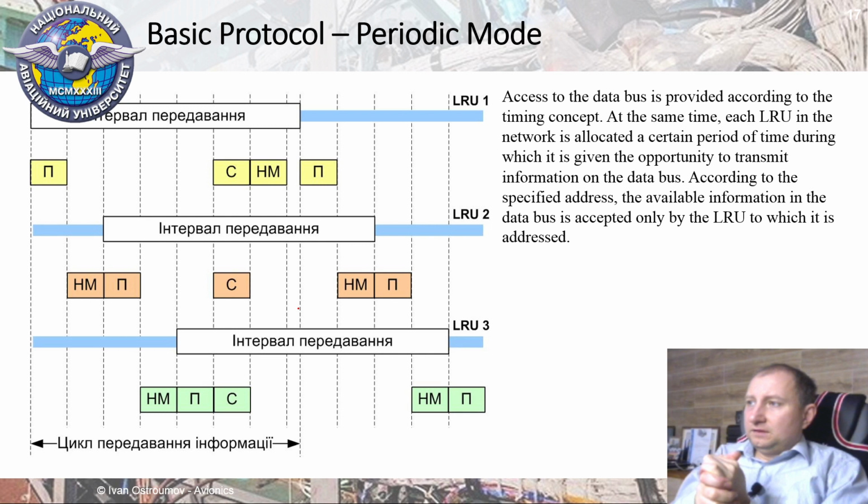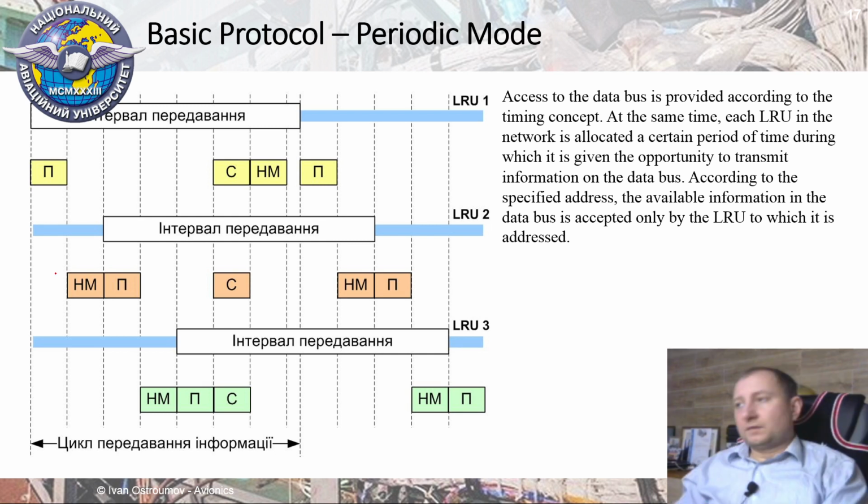Then, when the time slot for using the bus by the first LRU is over, the second LRU issues a label with the name of its LRU to start getting access to the bus, and after that it will issue a digital data message.